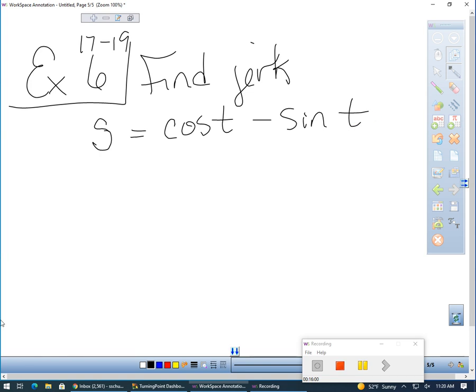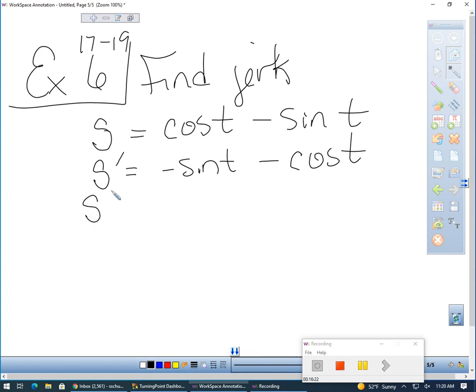To get to jerk, we have to go velocity to acceleration to jerk. So the third derivative. S prime equals, what's the derivative of cosine again? Negative sine t minus, what's the derivative of sine? Cosine.